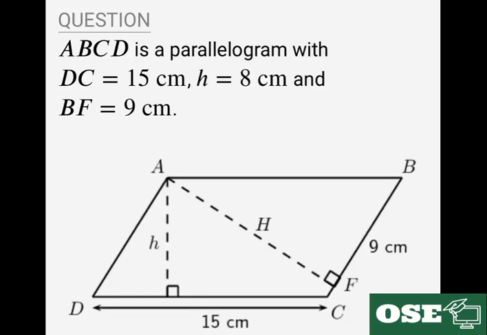Oh, okay. So we need to find BC, right? But we only have the length of BF. We don't know the distance between F and C. So that's our problem right now. We don't know what FC is.